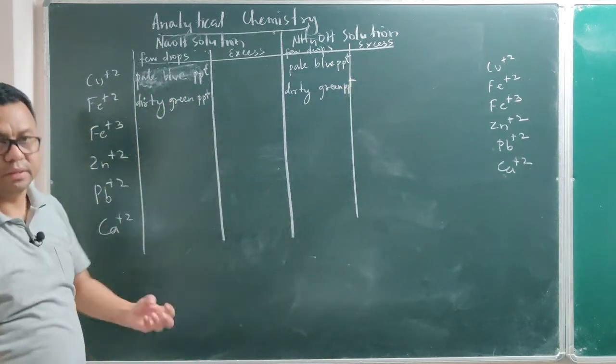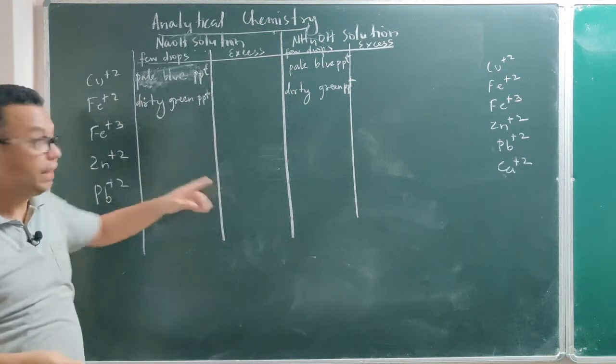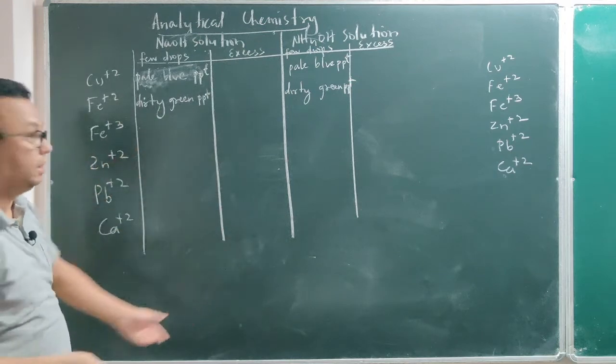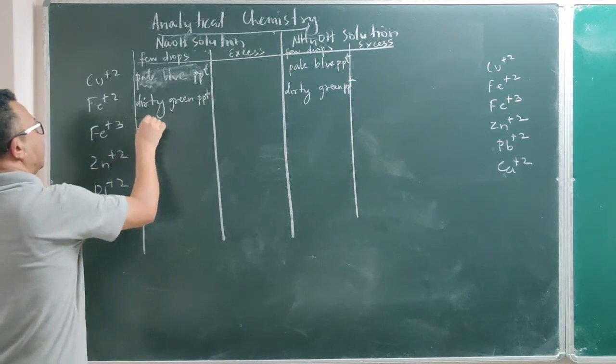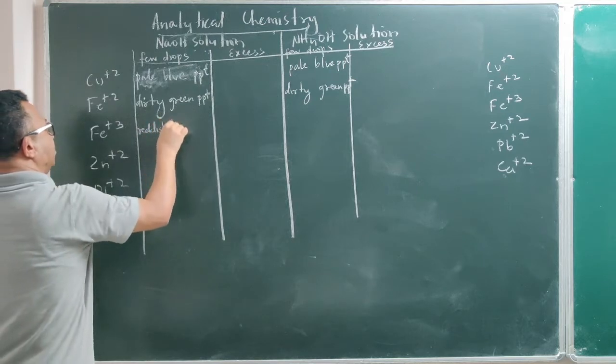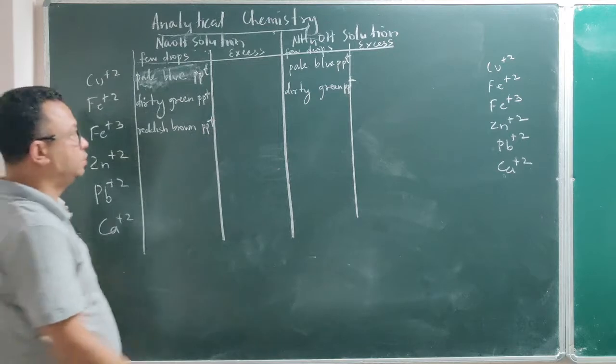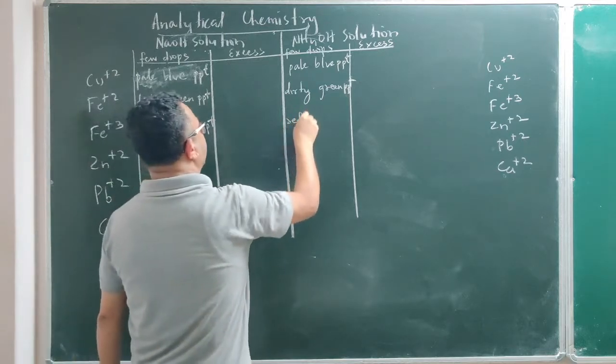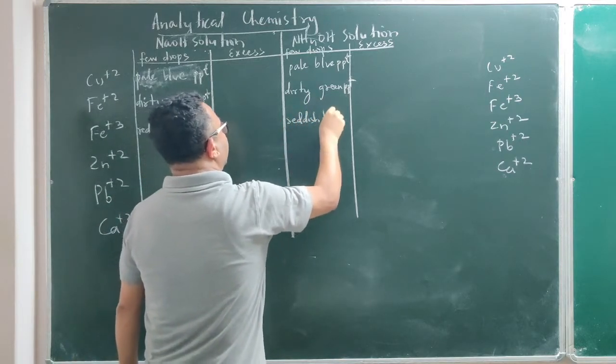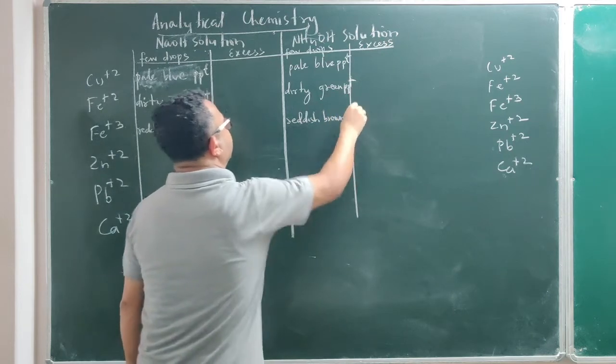Then if it is ferric, then the color will be reddish brown. So the color of the precipitate will be reddish brown precipitate. Here also it will be the same, reddish brown precipitate.